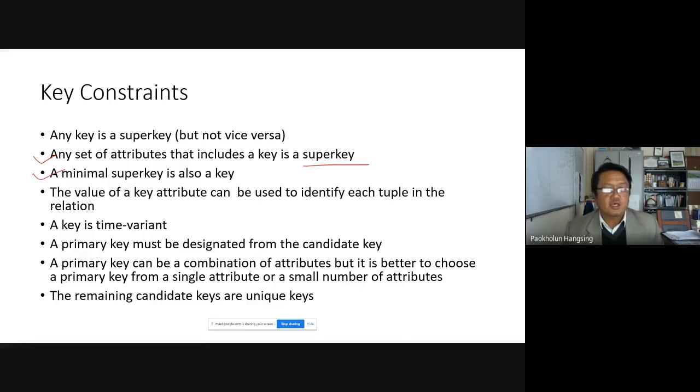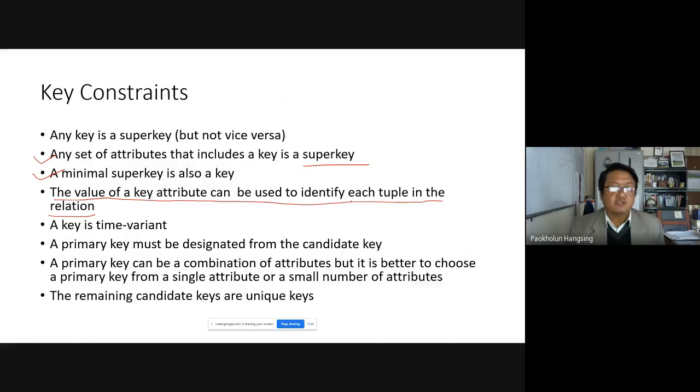This is important, I want to underscore this: the value of key attributes can be used to identify each tuple in a relation. This is the whole reason why keys and super keys are being discussed here, because the value of the key attribute can be used to identify its tuple.